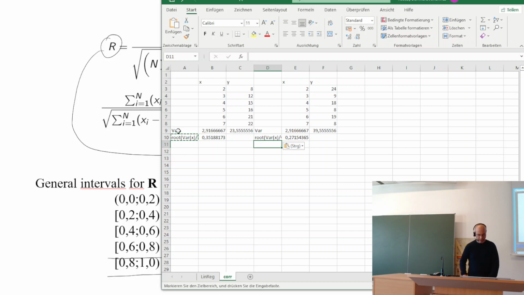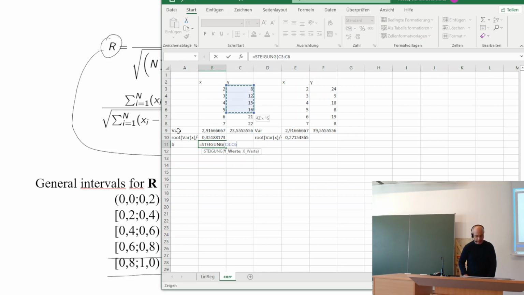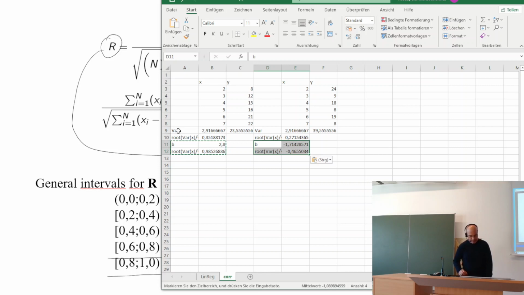And then we need the slope. And this we already know how to get with our formula Steigung, with the Y and the X values. And then we get R as B times this, and this we can also copy here.